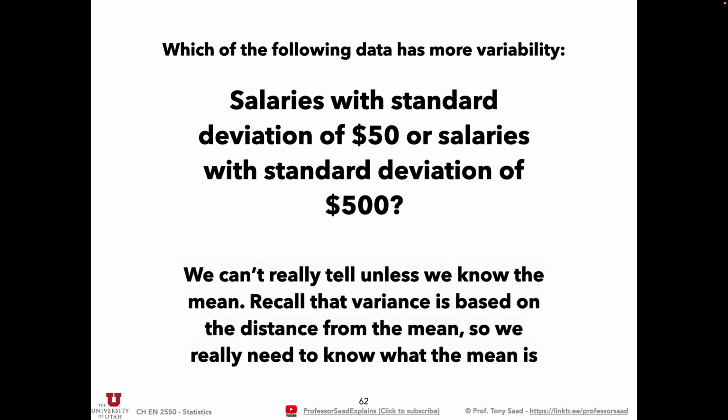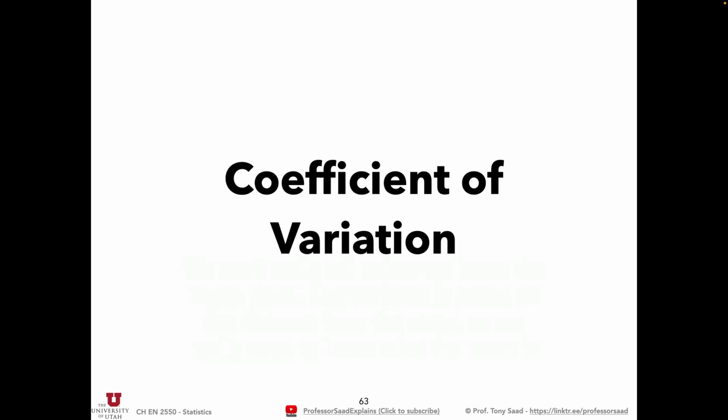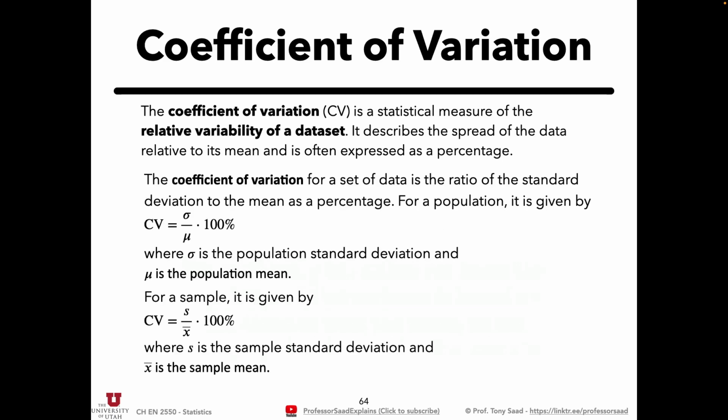And the way we scale this is through something called the coefficient of variation. If you're trying to compare two distributions of the same thing, but they have different means and different standard deviations or variances, you take the ratio of the standard deviation with respect to the mean value. That normalizes everything.